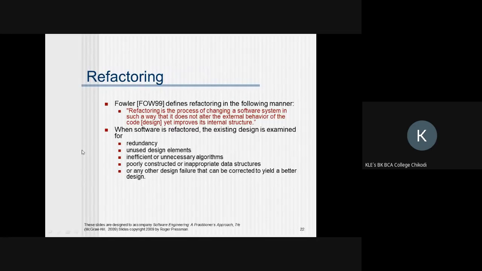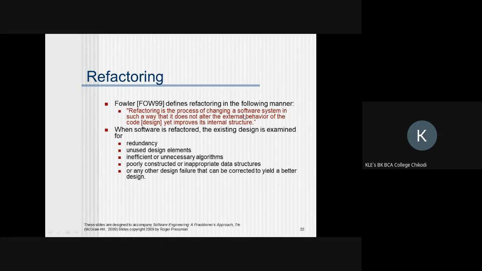Refactoring. Refactoring is the process of changing the software system in such a way that it does not alter the external behavior of the code, yet improves its internal structure. If the performance of a system is not proper, meaning not satisfactory according to the requirement, at that time the internal development of any of the modules should be refined.